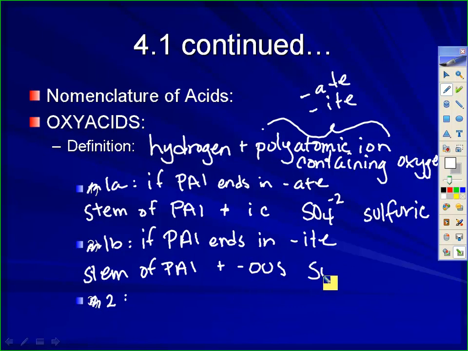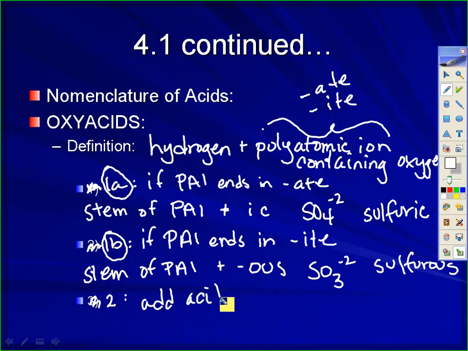So if you had SO3, that is a sulfite ion, you'd have sulfurous. So ate turns to ic, ite turns to ous, and then step 2, add acid.